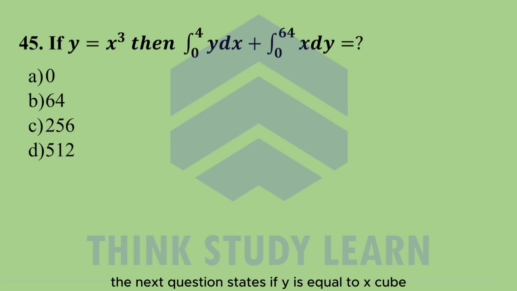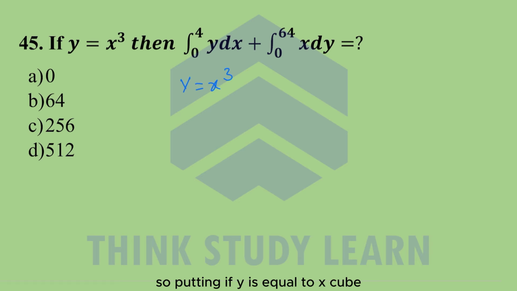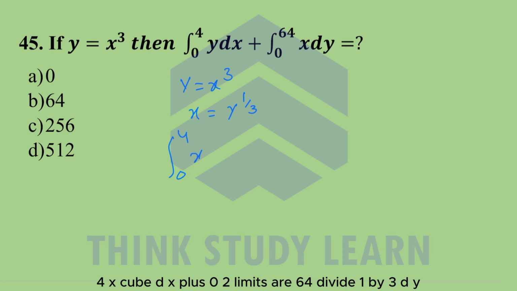The next question states: if y is equal to x cube, then we have to find the integration of 0 to 4 y dx plus 0 to 64 x dy. If y is equal to x cube, then x is y raised to the power 1 by 3. So we will put these substitutions: integral 0 to 4 x cube dx plus integral 0 to 64 y to the power 1 by 3 dy.